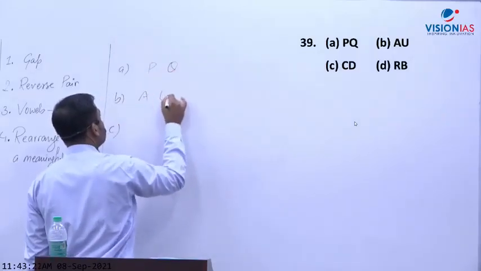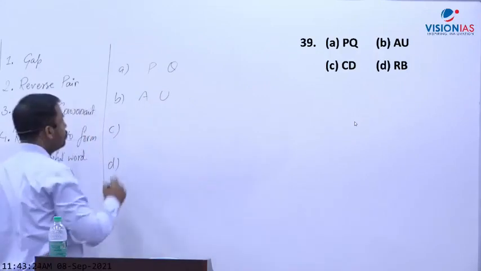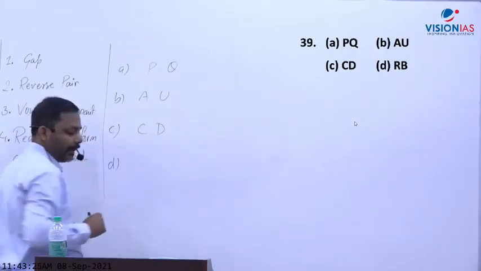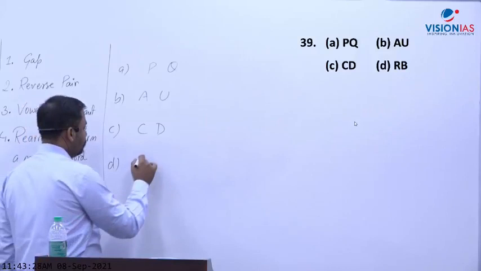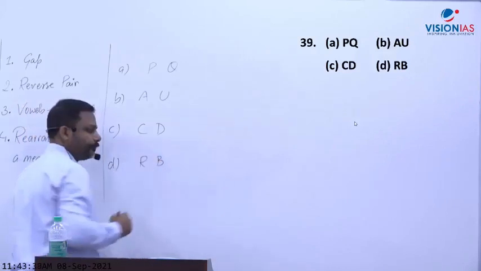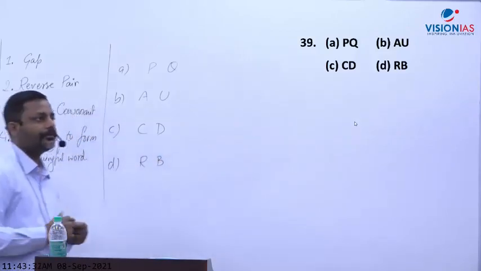PQ, AU, CD and RB. So here which one is odd?